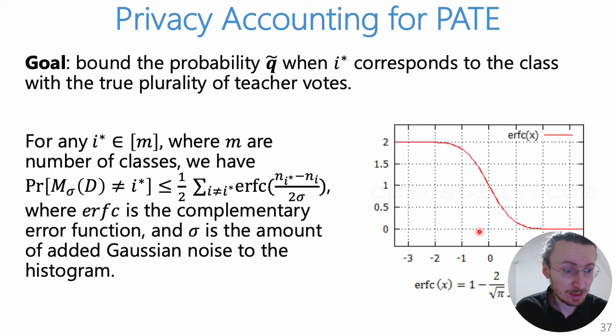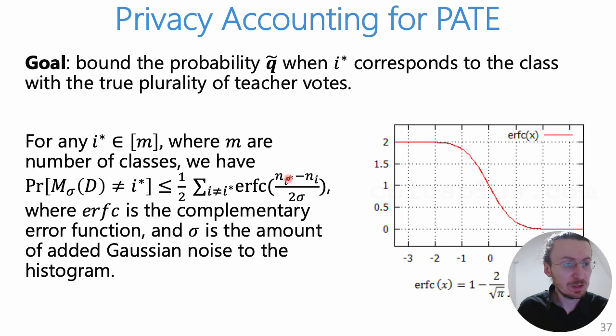So if you consider that n sub i star is really large, for example 100, but n sub i is very low, let's say 0, then we are far to the right in this ERFC graph, and we have value 0. So this probability would be bounded in this case just by 0, but you also have to take into account other classes.